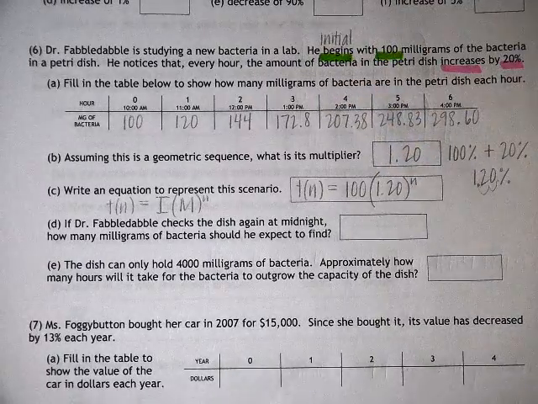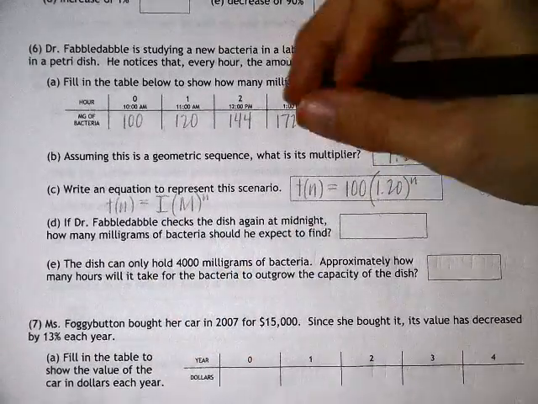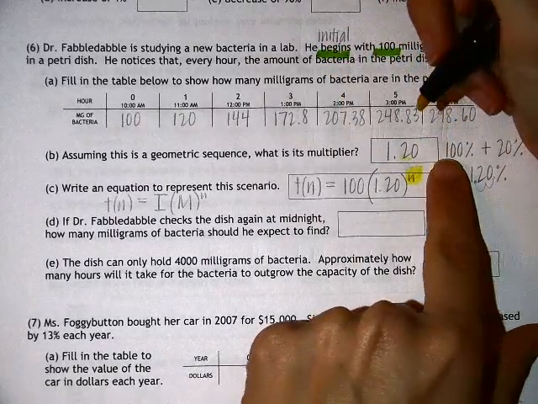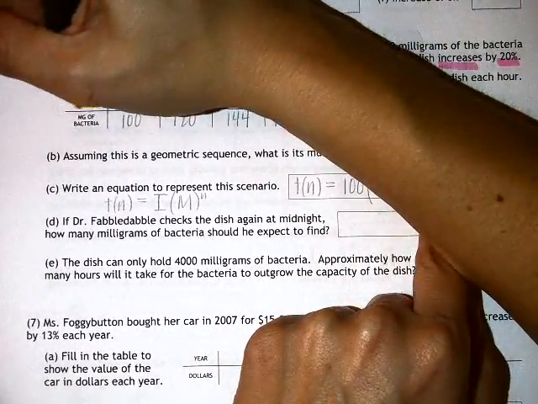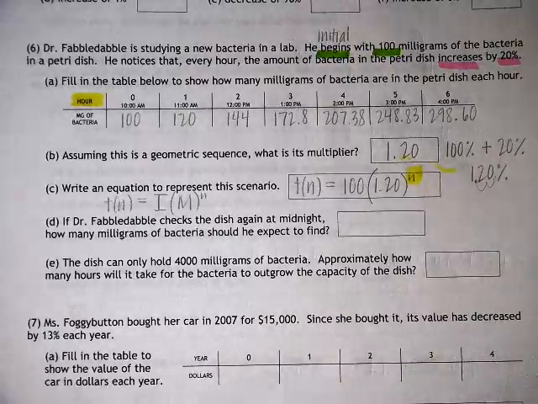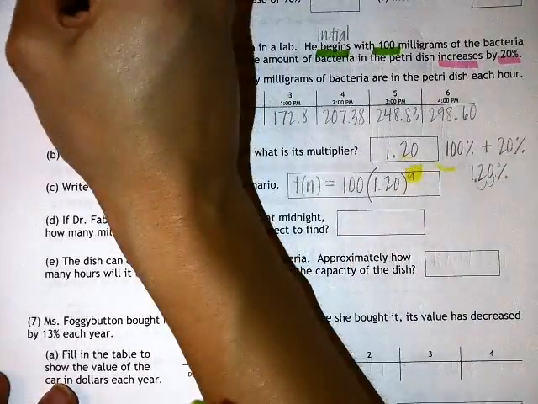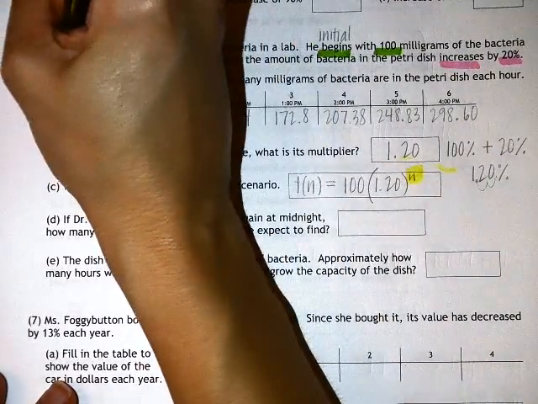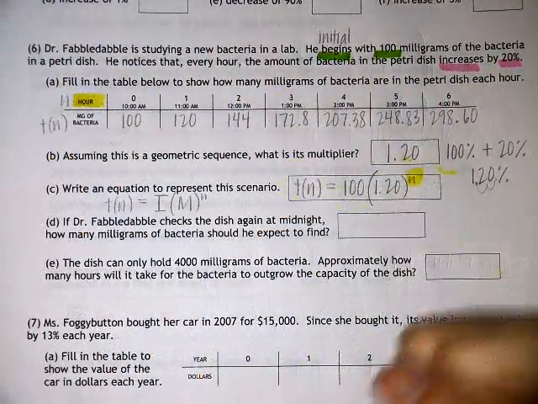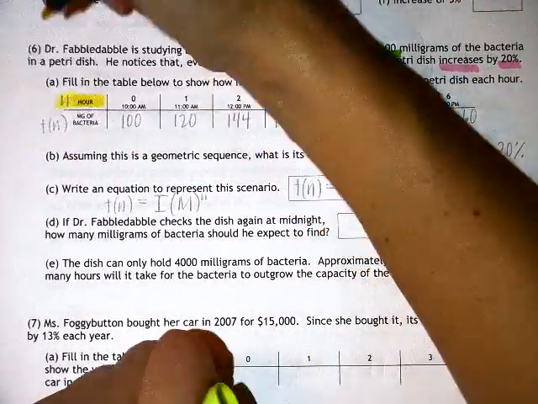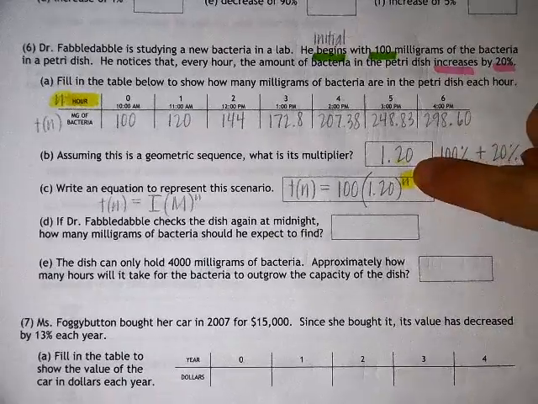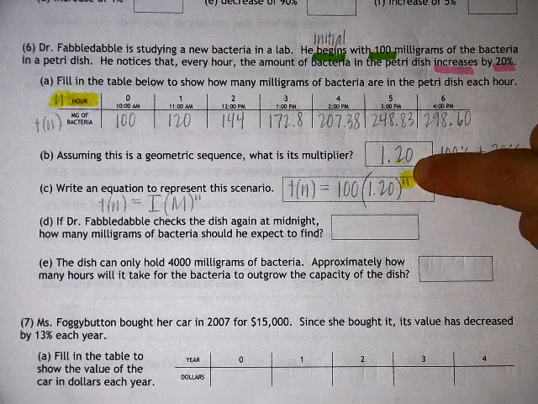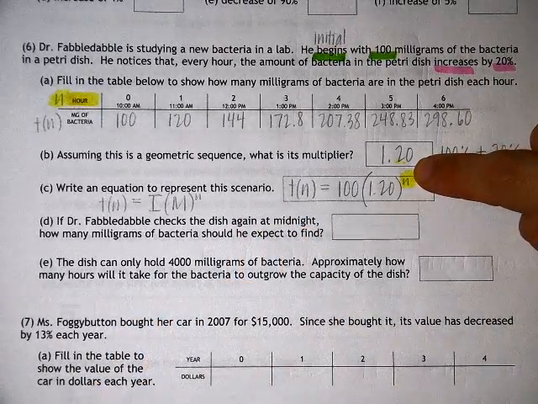Remember how n is the number of hours that have been spent looking at this bacteria? So n is always the top row of the table, and T of n is always the bottom row. If n is the number of hours, then I could plug in a number for n that represents midnight and see if that works.